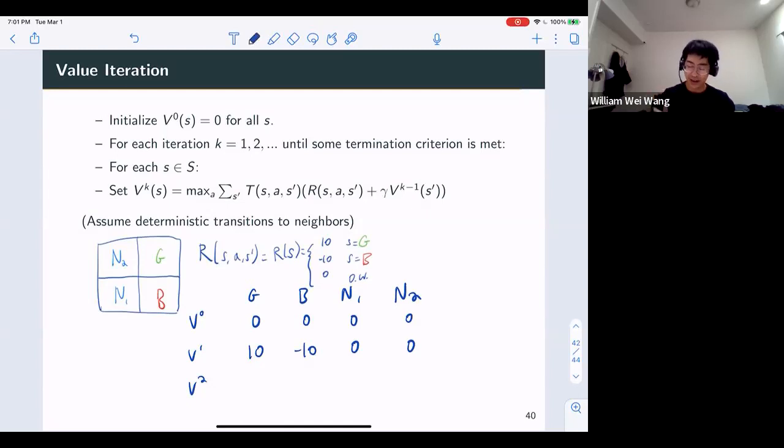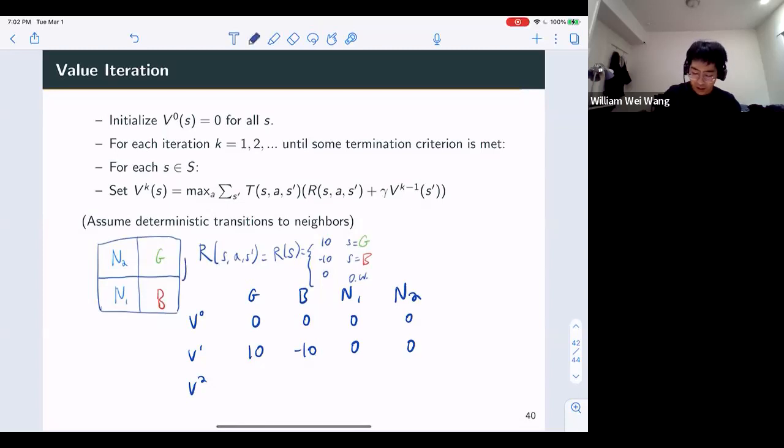So after another iteration, let's look at V2. When you're at the good state, now things are a little more interesting. You have two options. One is to go left and one is to go down. Intuitively, going down is bad, but let's see this mathematically. When you go down, you give yourself a reward of 10 from leaving the good state, but then you get gamma times the value of being in the bad state, which is -10.